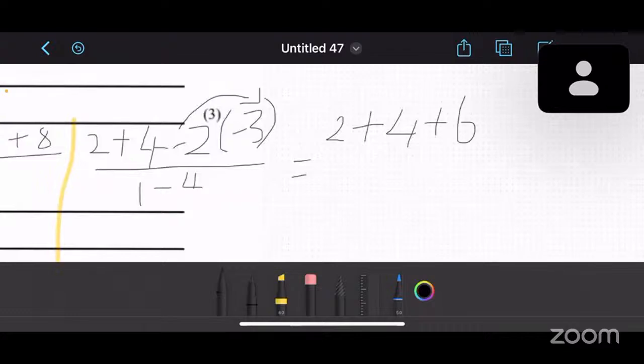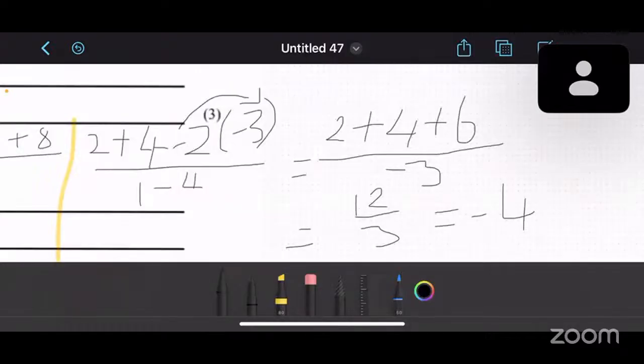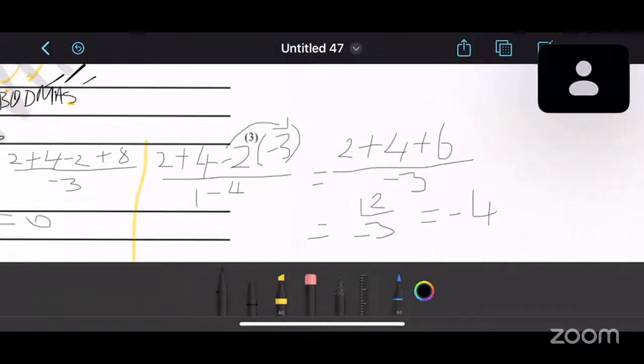So it's going to be plus 6, and then carry on with it, over negative 3, which is equal to 12 over 3. And your final answer is going to be negative 4. So it's going to be 12 divided by negative 3, which is equal to negative 4.